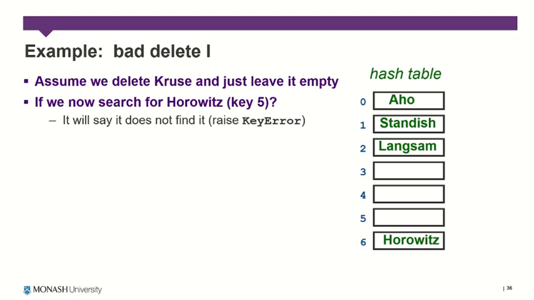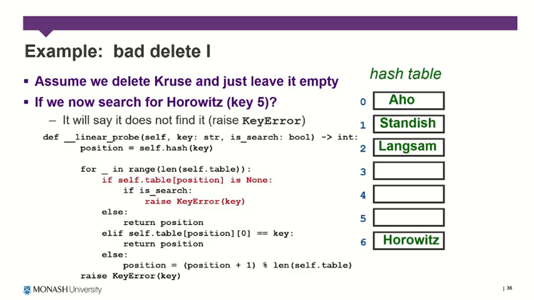What happened there is we actually broke the chain, and it meant that any items that relied on position 5 to find that particular item will no longer be able to be found. So we see as we search for that item in this bit of code in the linear probe, it would actually raise a key error, even though, like we said, Horowitz is actually in that hash table.